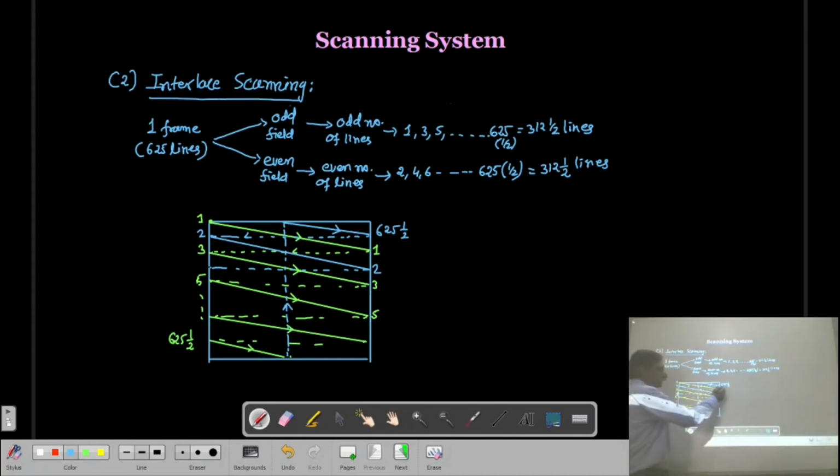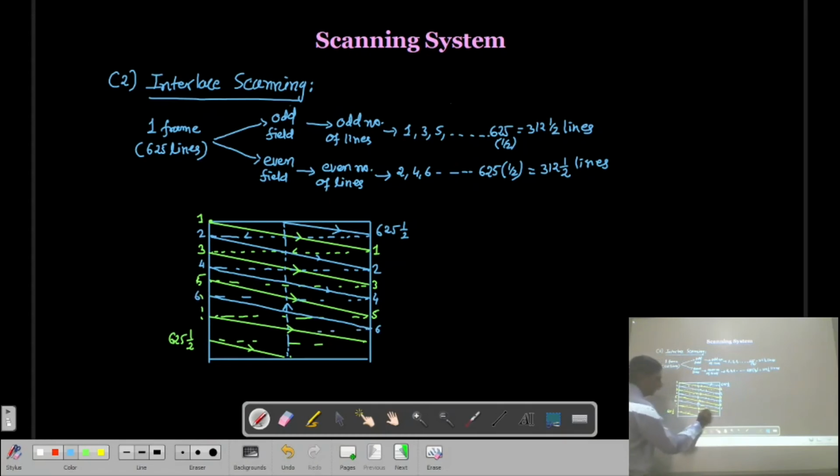So here, when this 625 line is completed, then only it will start to scan line number 2. Means the electron beam will move from left to right and complete line number 2. After completing this, it will draw line number 4 in this manner. And in the same way, this is going to be line number 6.